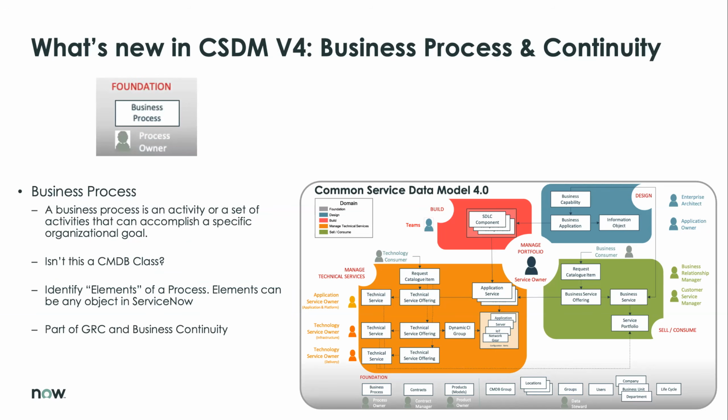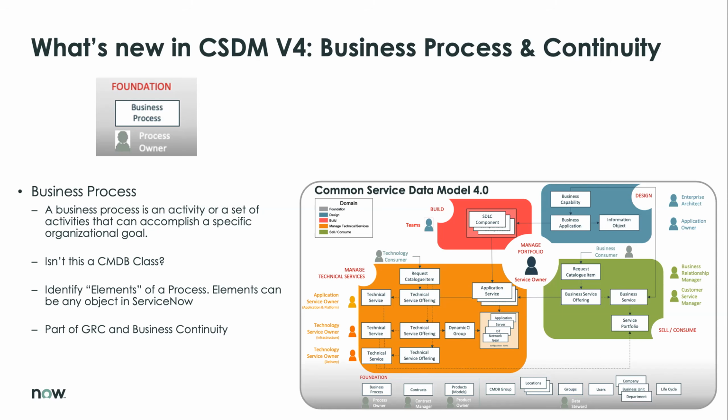Business process and continuity. So going to the foundation domain, we have business process. We actually wanted to get this into CSDM 3, and we missed it by, I want to say, 3 weeks. Whenever we talk about a capability inside of CSDM 3, we want to actually make sure that that capability will somewhat soon exist in one way or another inside of the platform.